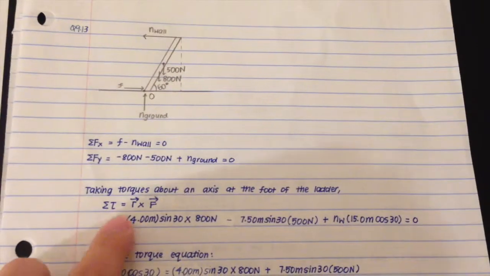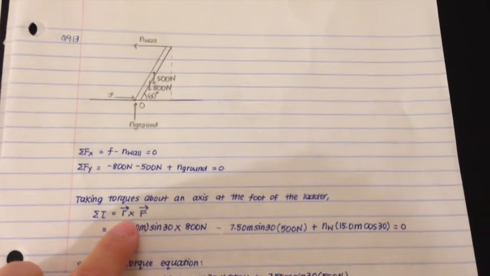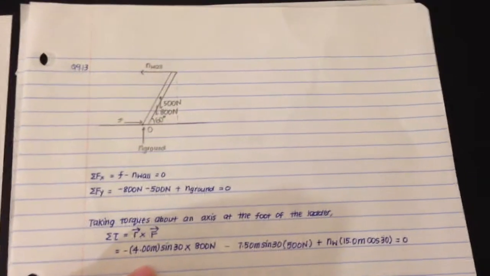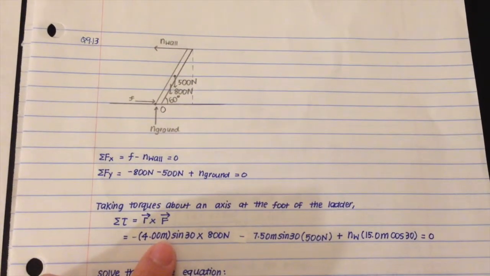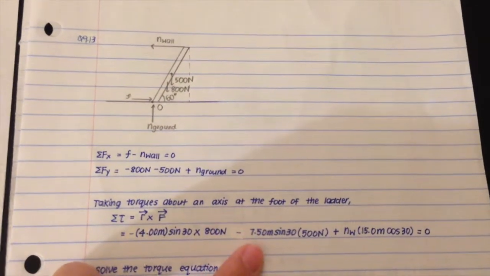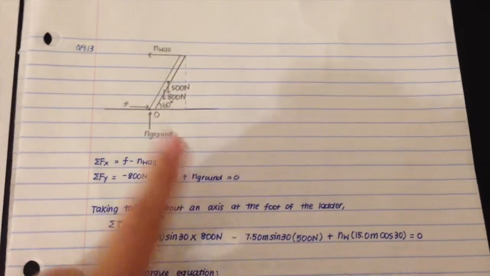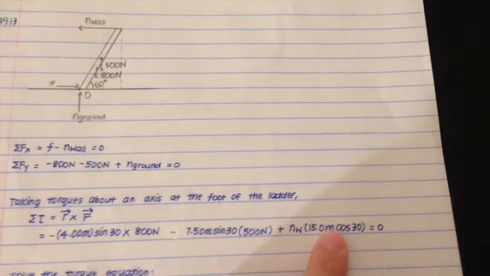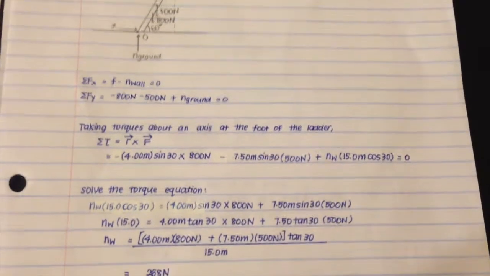This is the torque equation, R times F, R being the distance and F being the force. The negative forces are the forces going in the clockwise direction, while the force exerted from the wall is going in an anti-clockwise direction and is therefore positive.